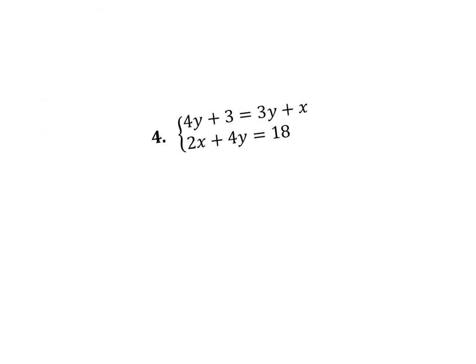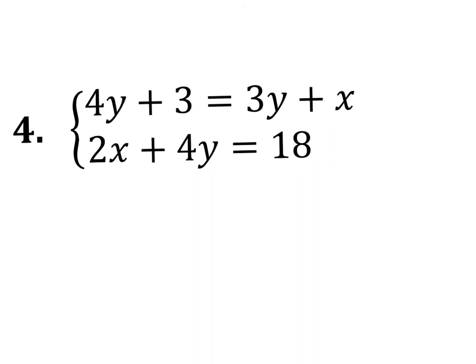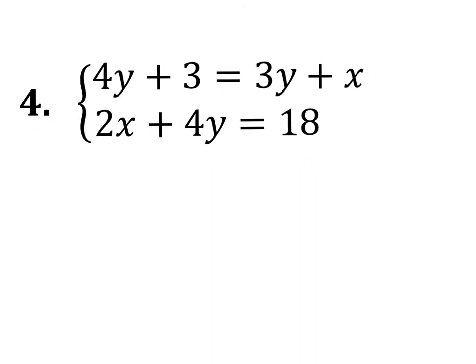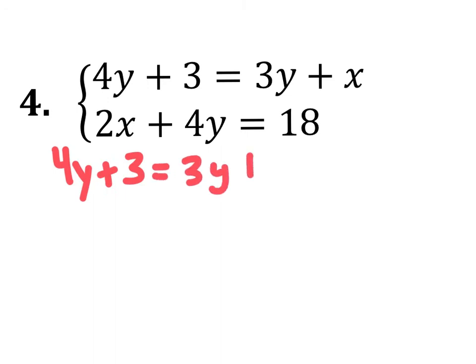Alright, and now let's go to a couple, and we'll do number 4. Okay, so rule number 1 is solve one of the equations for either x or y. I'm going to solve the top equation for x because it's just a single old x up here. So it's going to be easy to solve for.